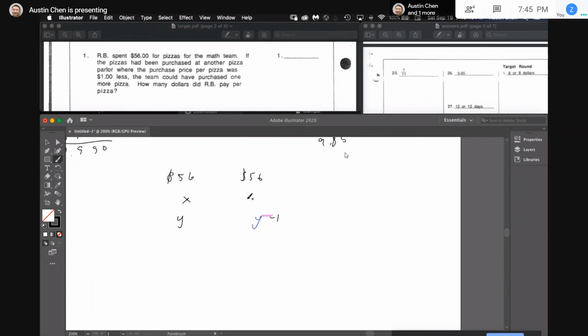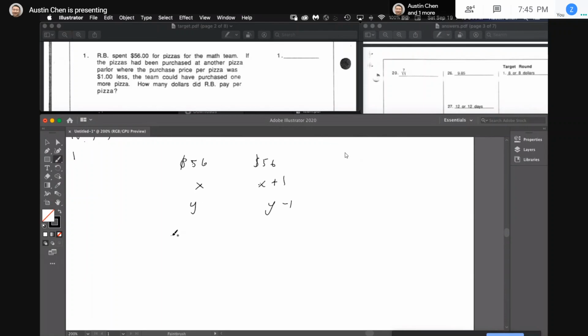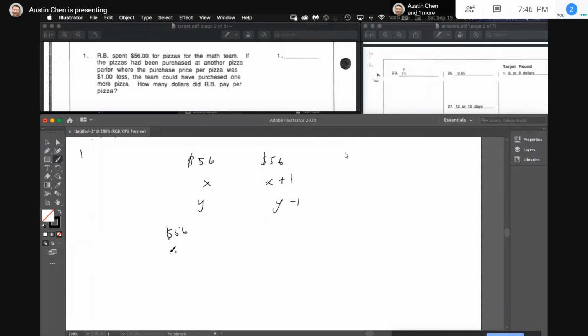Okay, and they could purchase one more pizza, so X plus 1. So how these numbers are related in a way: if you have the total amount of money you paid, and then you divide it by the number of pizzas you have, then you get the price per pizza, or Y. So, you can express Y as just $56 over X. And then this is just going to be $56 over X minus 1.